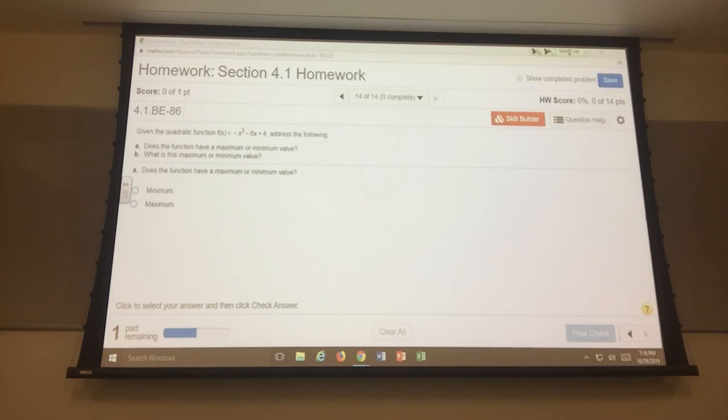So, if we want the x value, we just said that that would be negative b over 2a. So you always have to start there because that's where our formula is. So what would we have? What's the b value? Negative 6. Remember to always pull in that sign. So it's minus negative 6 over 2 times negative 1.